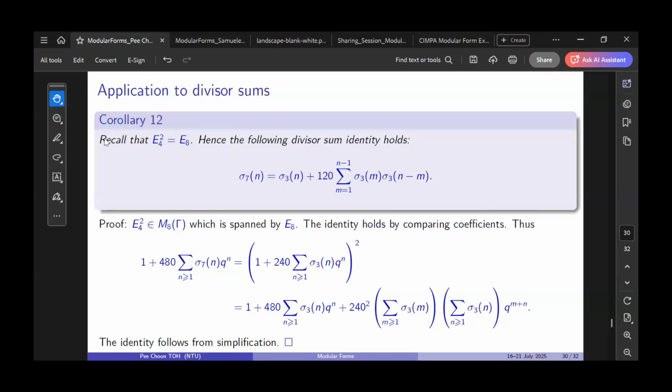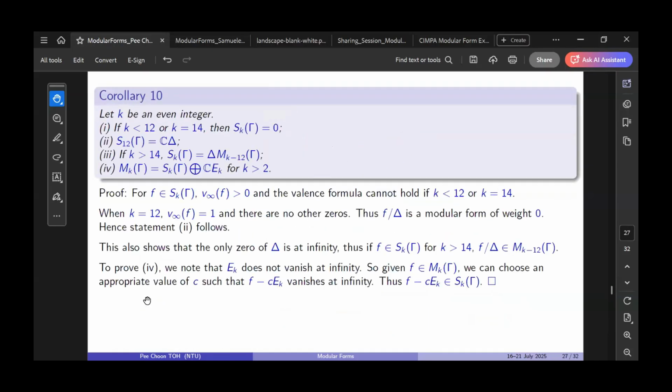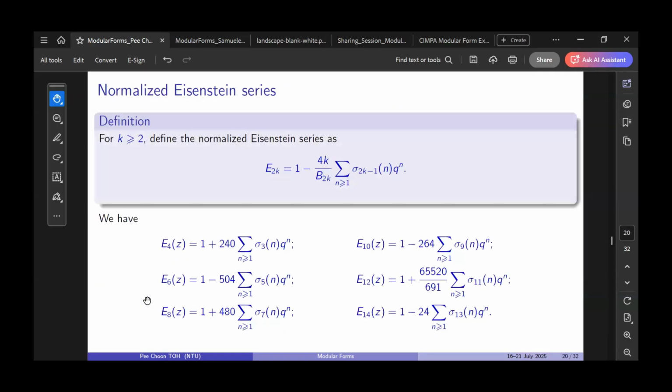So since we already know that this is how it is, we can match its coefficient. So this is why we can have the equation connecting sigma 7 and sigma 3.